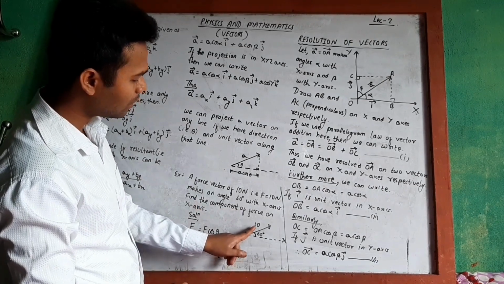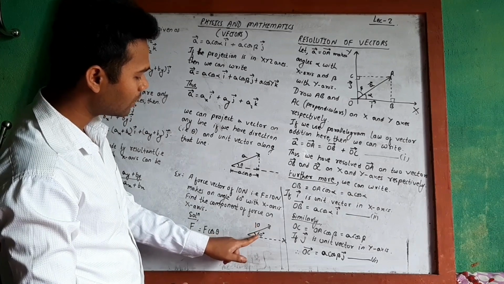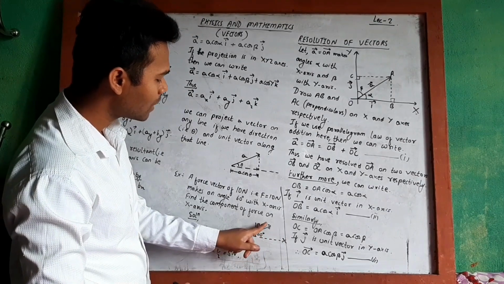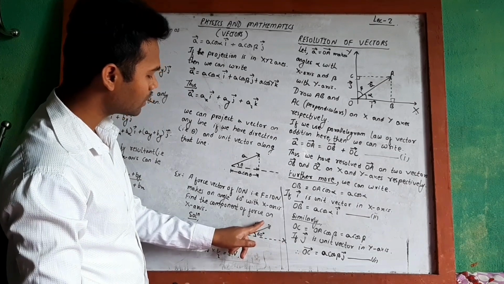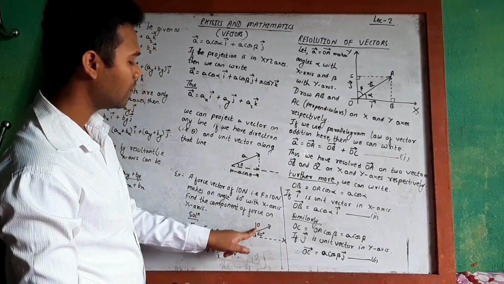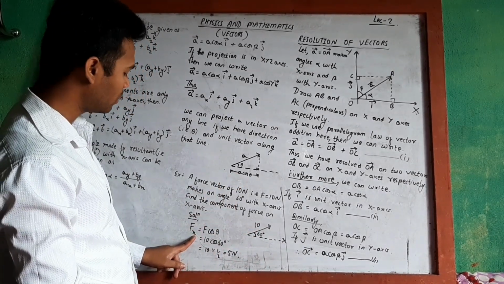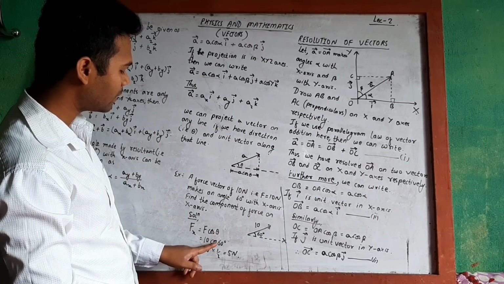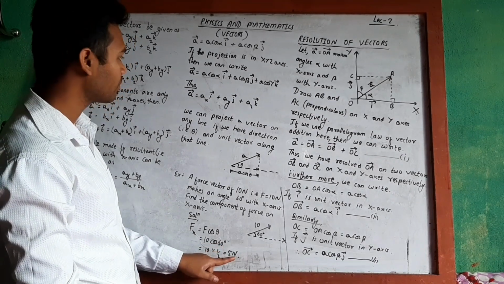Here the force has magnitude 10 Newton and makes an angle of 60 degrees with the x-axis, and we are asked to find the magnitude of the projection, or the x component, of this force vector. Here we use the formula: Fx, the component of force in the x direction, is equal to F cos theta. F is equal to 10 and theta is 60 degrees. It will give the result 5 Newton.